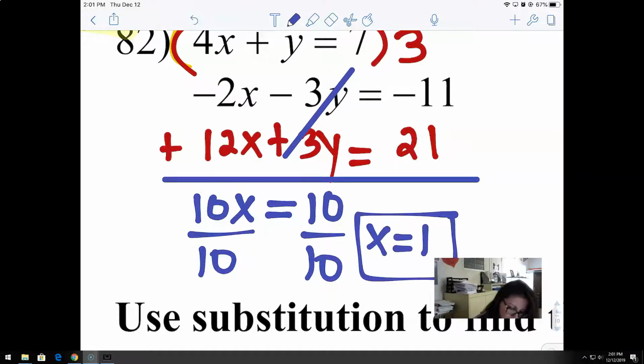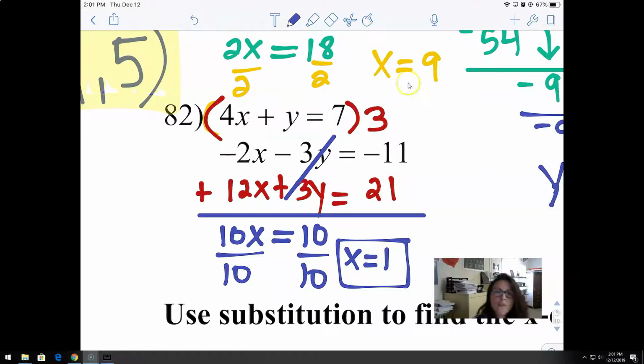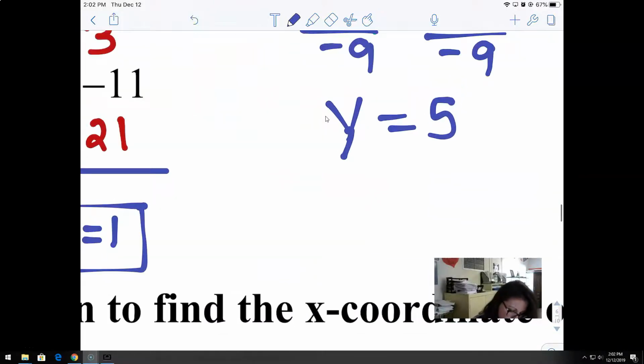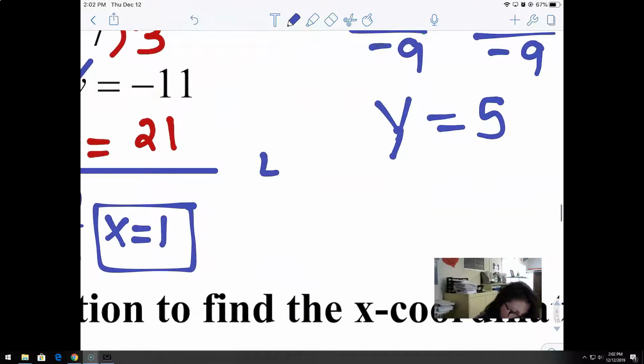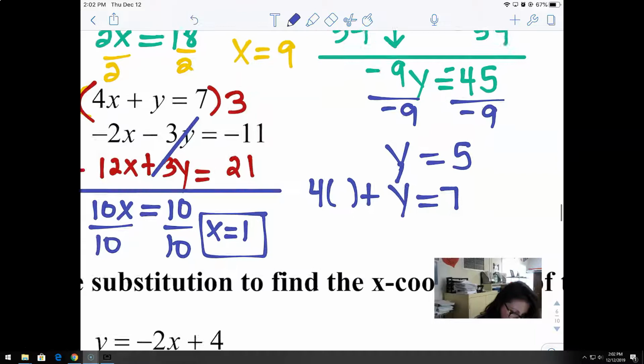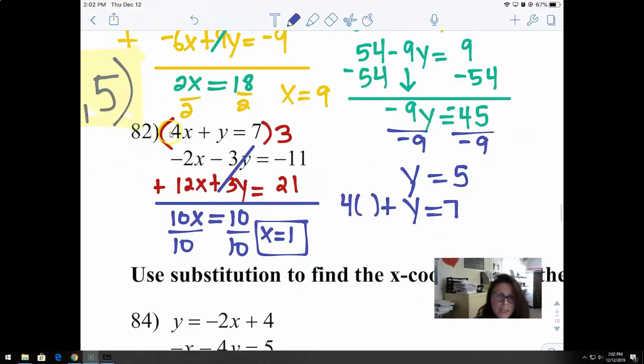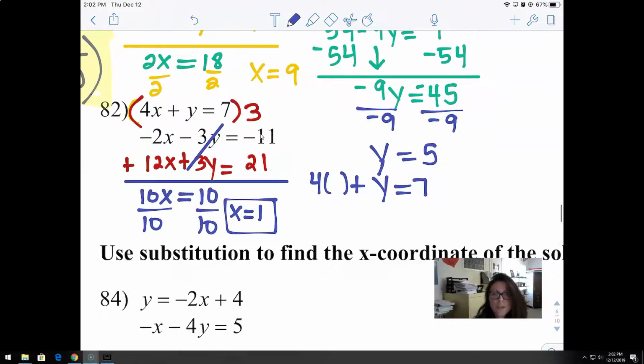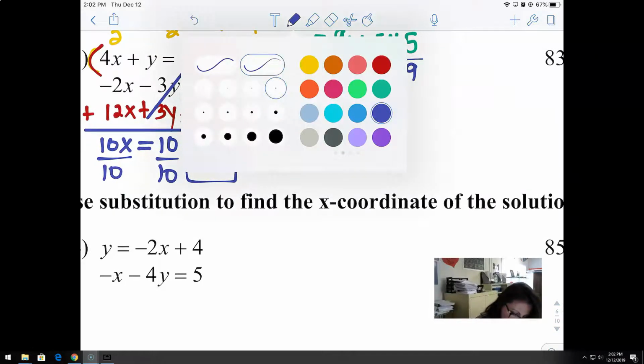So I'm going to plug this into the other equation to solve for y. I'm going to plug it in up top: 4x plus y equals 7. So again, I'm plugging it into the original equation. And now we said x equals 1.